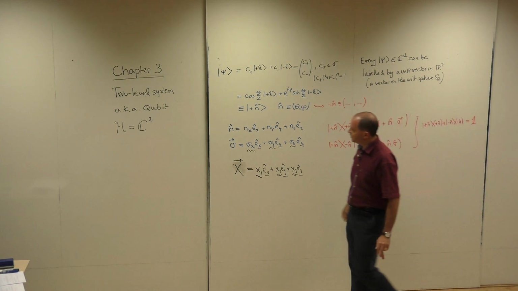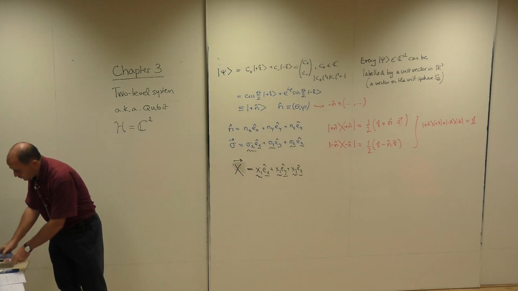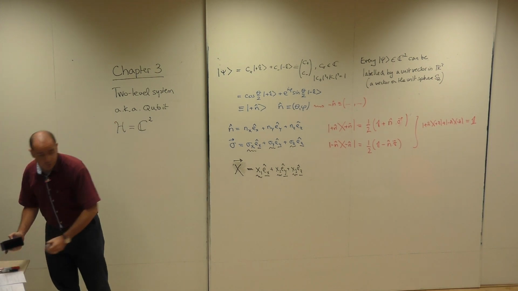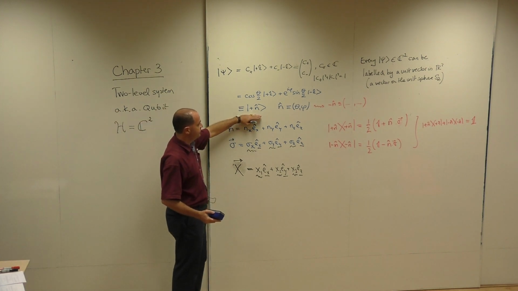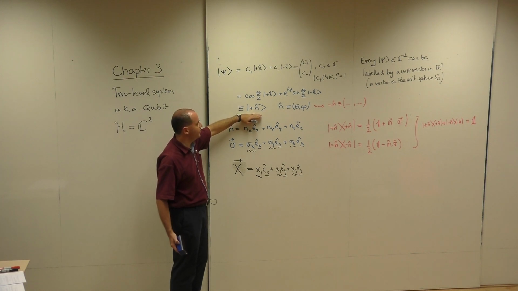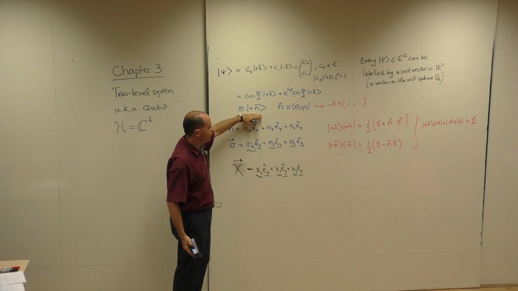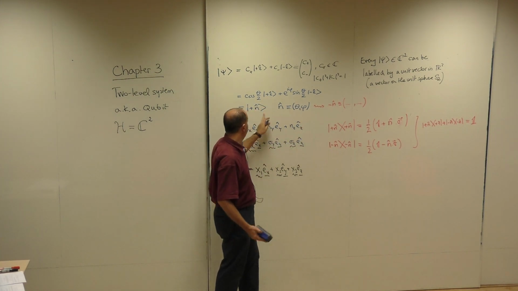Okay, so now let me wrap up this part before giving some kind of physical interpretation. What have we got? We have got a generic state. And remember, every state is a good state, so this is as good a state as anybody else. We have got its orthogonal. I've not written down how it looks like.